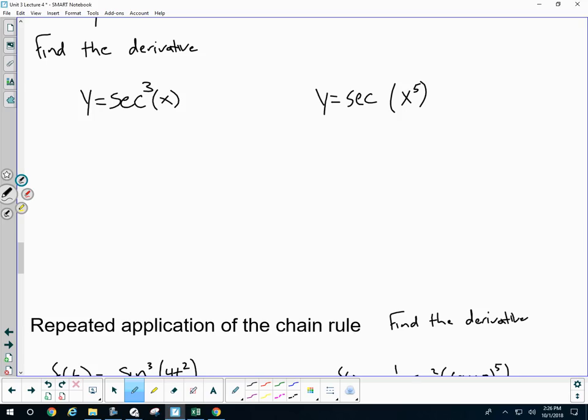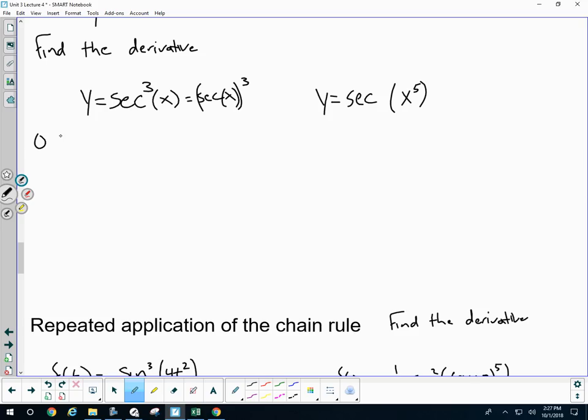Reset, go. What's the outside? What's the inside? What are the derivatives? The one on the left is a little bit misleading because the parentheses are around the x, but we should see that the cubed is on the outside.